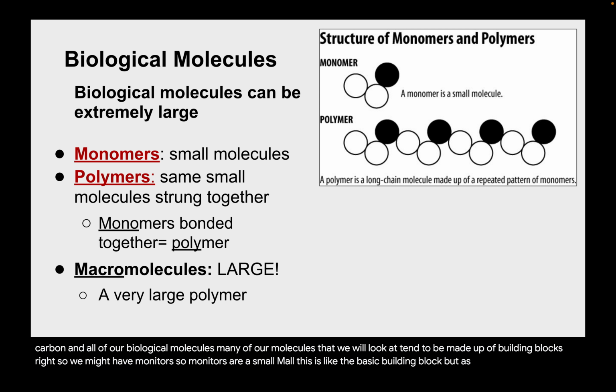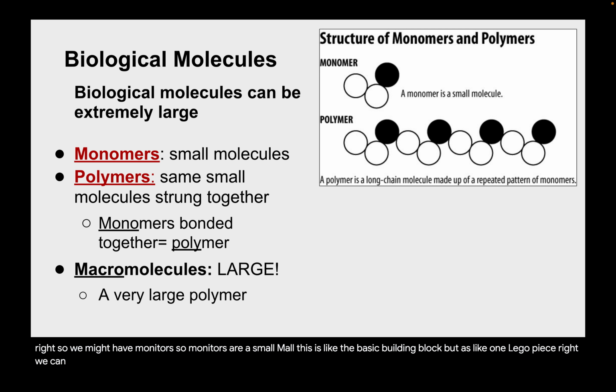Think of it as like one Lego piece. We can stack many monomers together, like we're building something in Lego, to create polymers. Polymers are built by stringing together these smaller monomers.